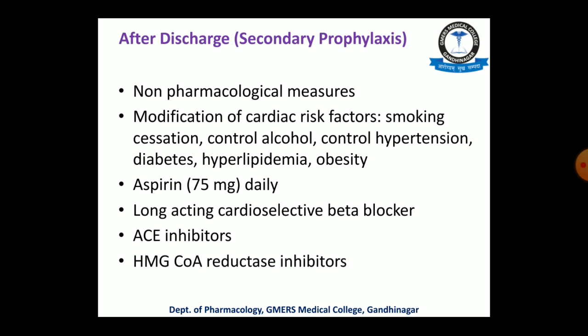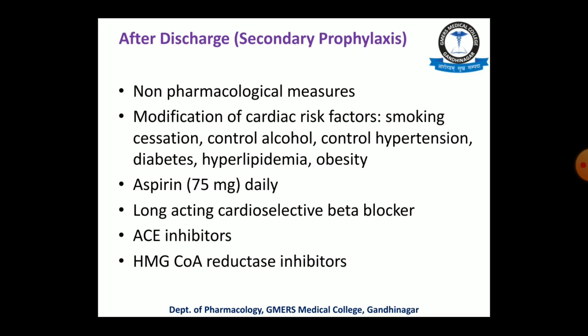And lastly, the chief culprit in the occurrence of myocardial infarction is the blockage, and this blockage is because of the atheromatous plaque and superimposed platelet, fibrin and red blood cells. But this atheromatous plaque is the chief culprit, and it consists of lipids.